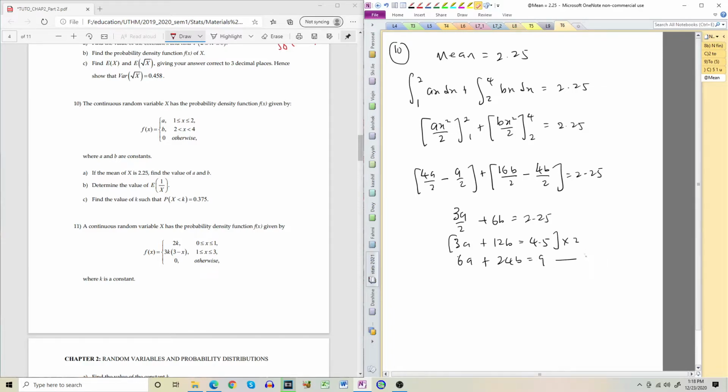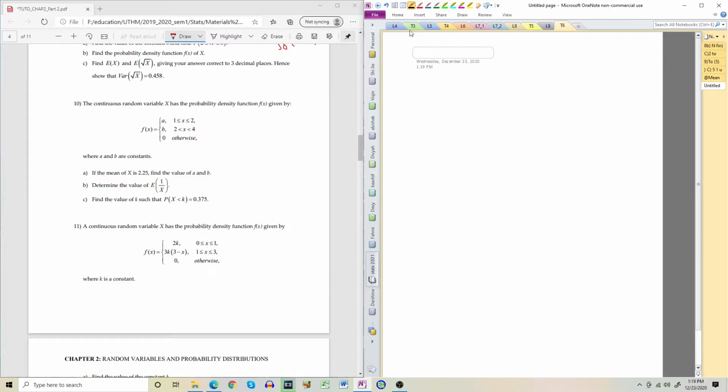This is equation 1. I just want to get some nice number, that's why I times by 2. I don't want decimals. This is one clue. Another clue is the summation is 1. Sum of probability is equal to 1. So you integrate 1 to 2.